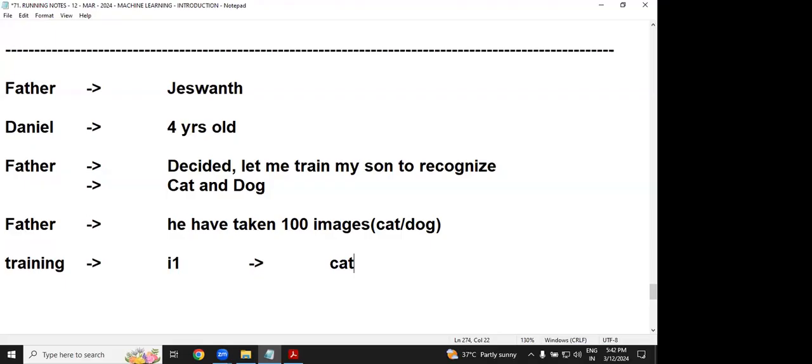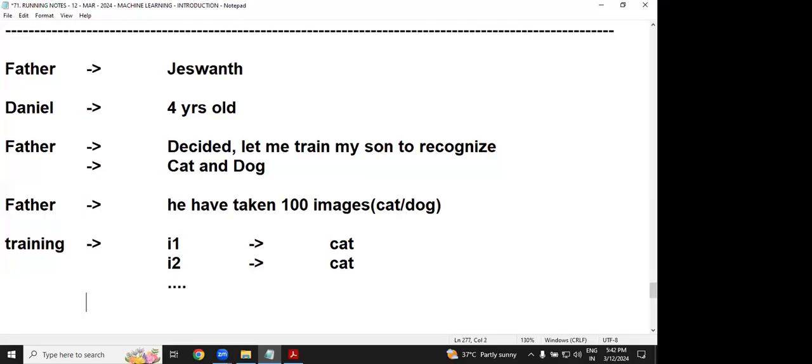The second one also my father tells me is a cat. The previous one is a white cat, now a black cat. The color is also different. Like this, all images done. In the 100 images, my father tells me this is the dog.